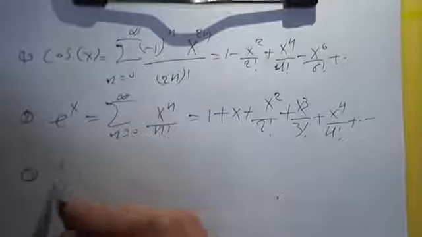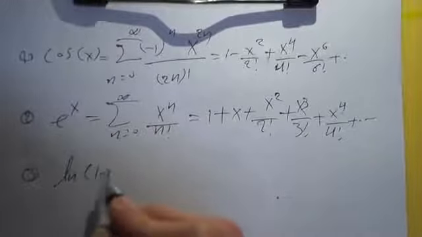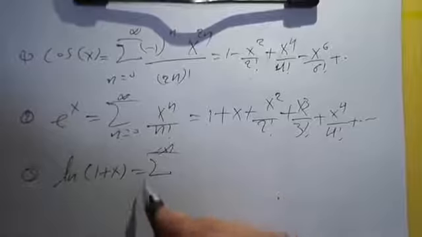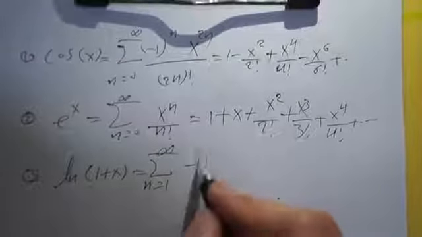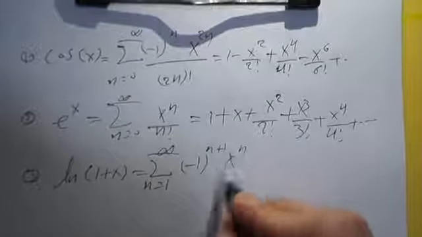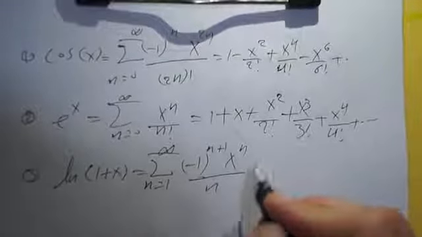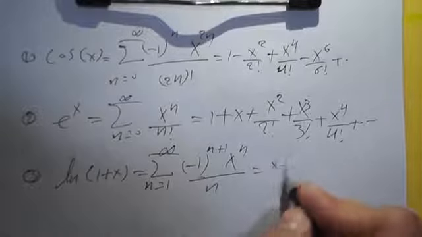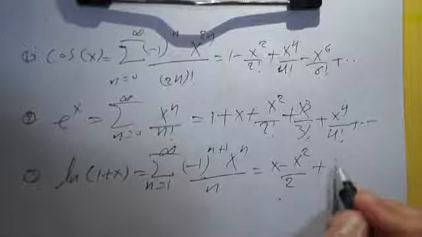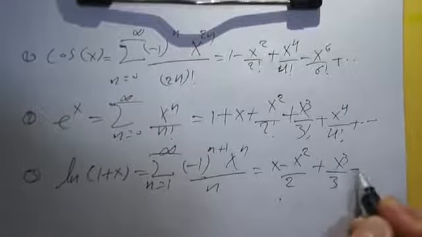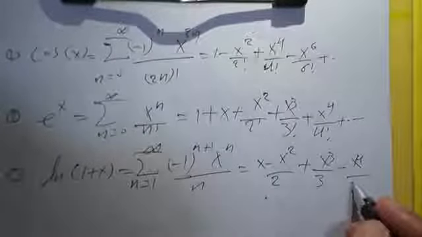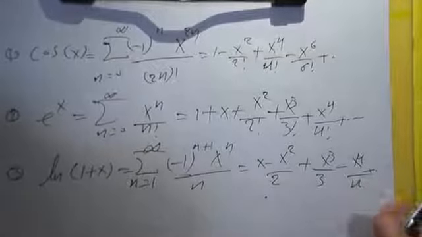Another example: ln(1 plus x) equals the sum from n equals 1 to infinity of (minus 1) to the power n plus 1 times x to the power n divided by n, which equals x minus x to the power 2 over 2 plus x to the power 3 over 3 minus x to the power 4 over 4 and so on.